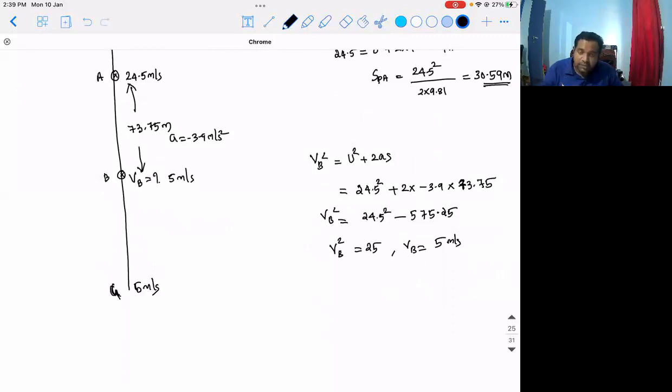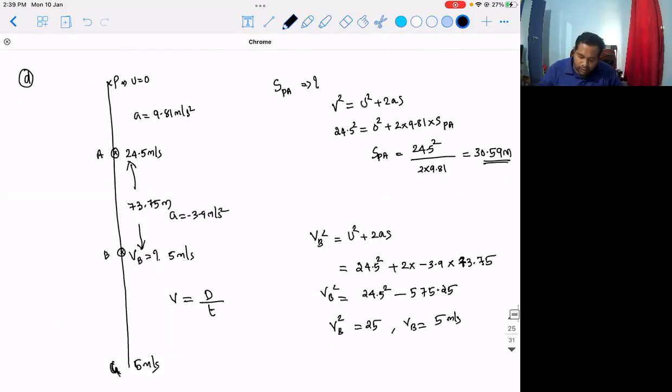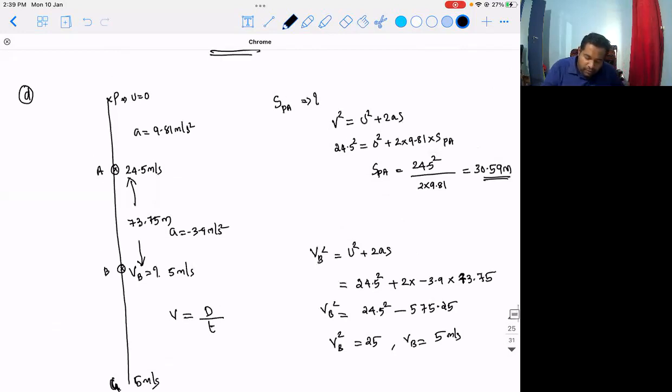So here, since the speed remains the same, speed is equal to what? Distance by time. Is it possible to find that time? Yes. How? From B to A, he takes 2.5 seconds. From A to B, he takes 5 seconds.